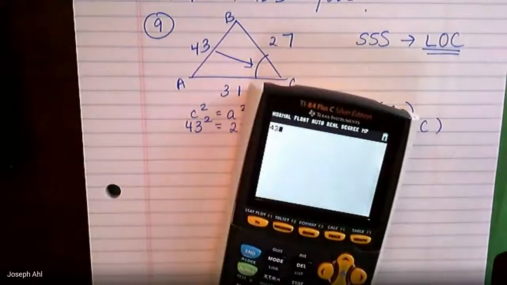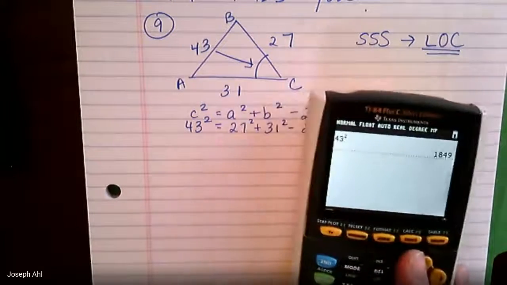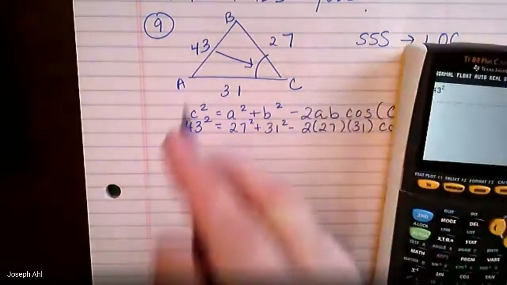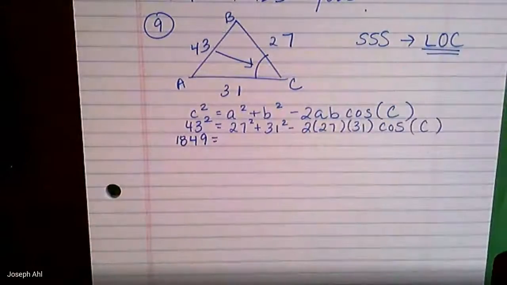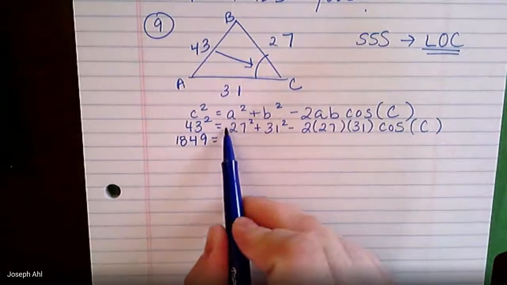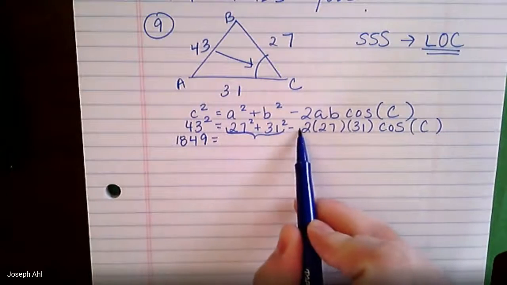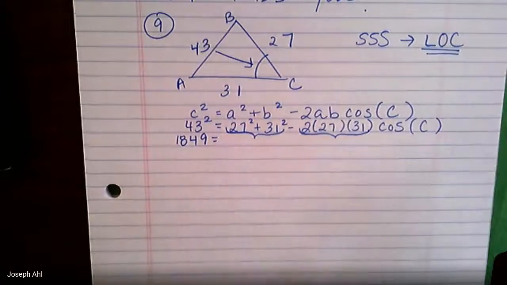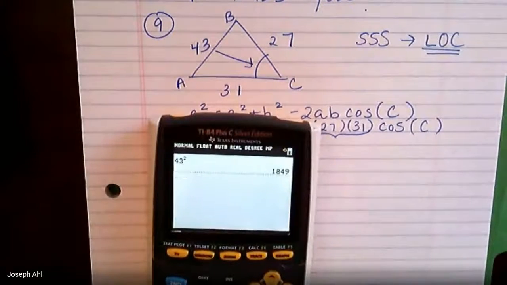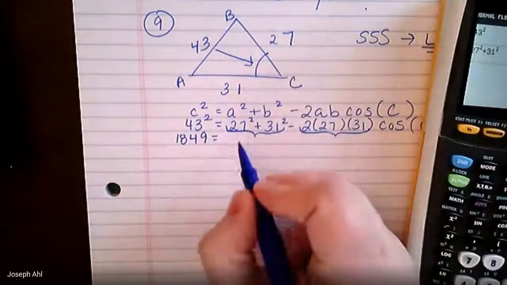So we get 43 squared, which is 1,849. What I wind up doing on the right side, and I probably only modeled this once in a video, is I sort of make 2 groups here. So I can do the 27 squared plus the 31 squared, and that comes out to be 1,690.